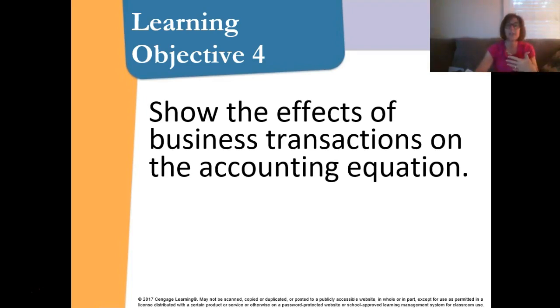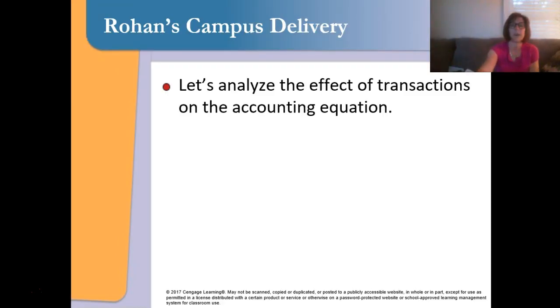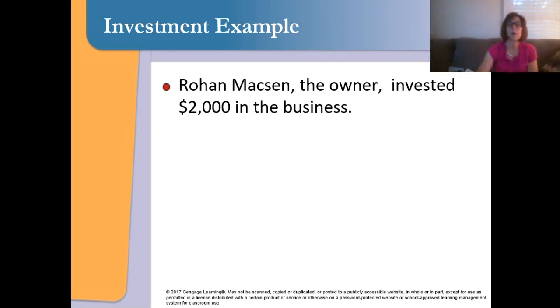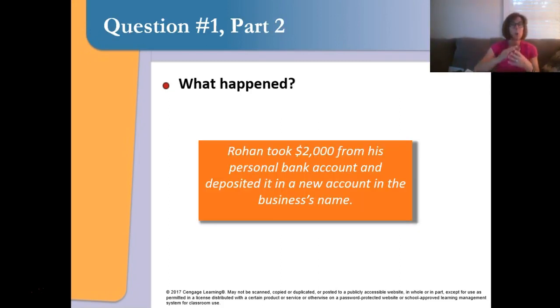So now we're going to look at the effects of business transactions on the accounting equation. We've got Rohan Maxon, who is an owner, and he invests $2,000 in a business. So, how do we categorize that transaction?